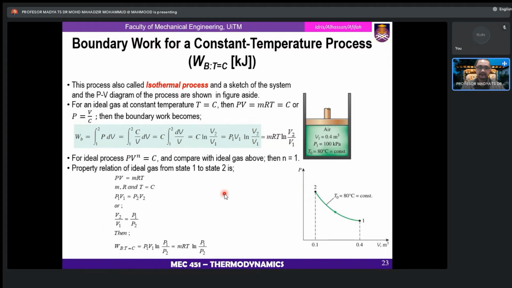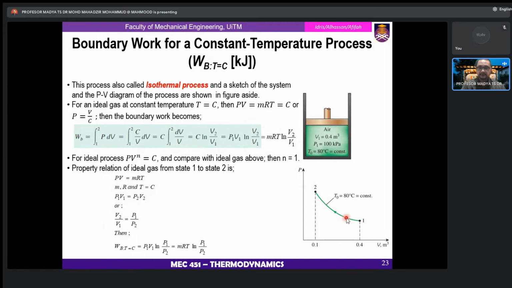For the ideal process PV to the power n equals C, for an ideal gas n is equal to 1. So when n equals 1, using the ideal gas equation, we get P1 V1 equals P2 V2.